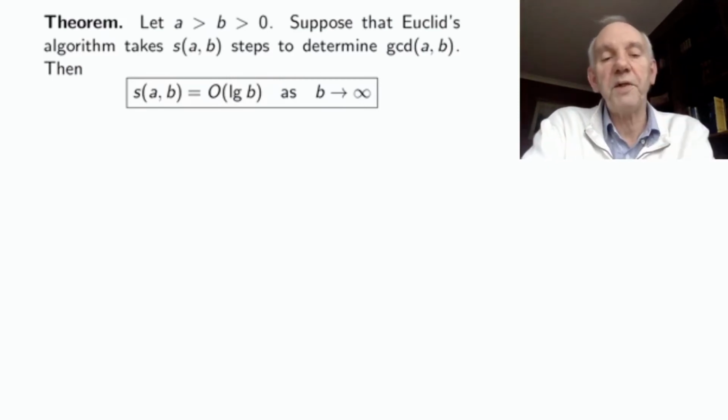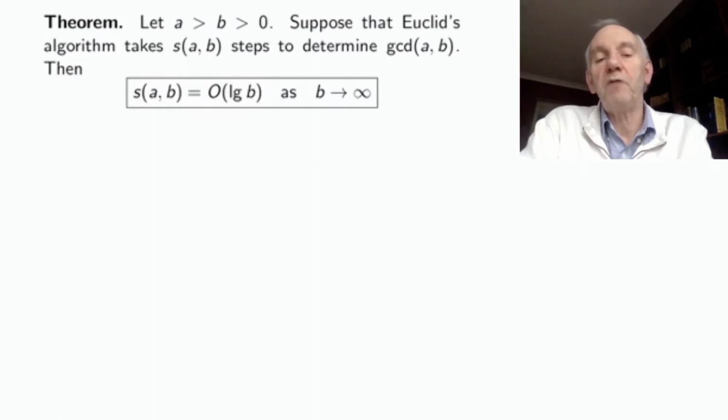Well, suppose it takes S of AB steps, that's my notation. S of AB is the number of steps which it's going to take, and I'm going to call that n in a moment. Then the point is that this function S of AB is big O of the logarithm of B.